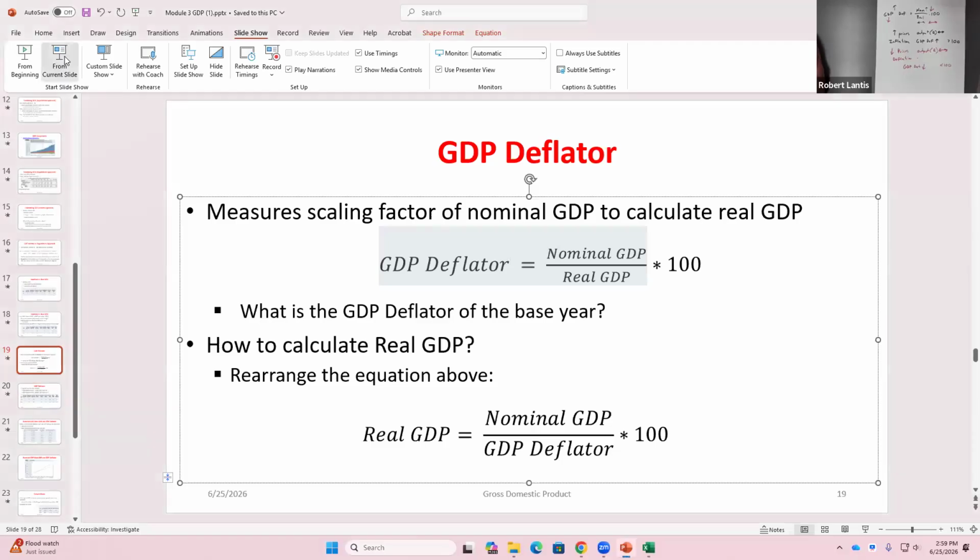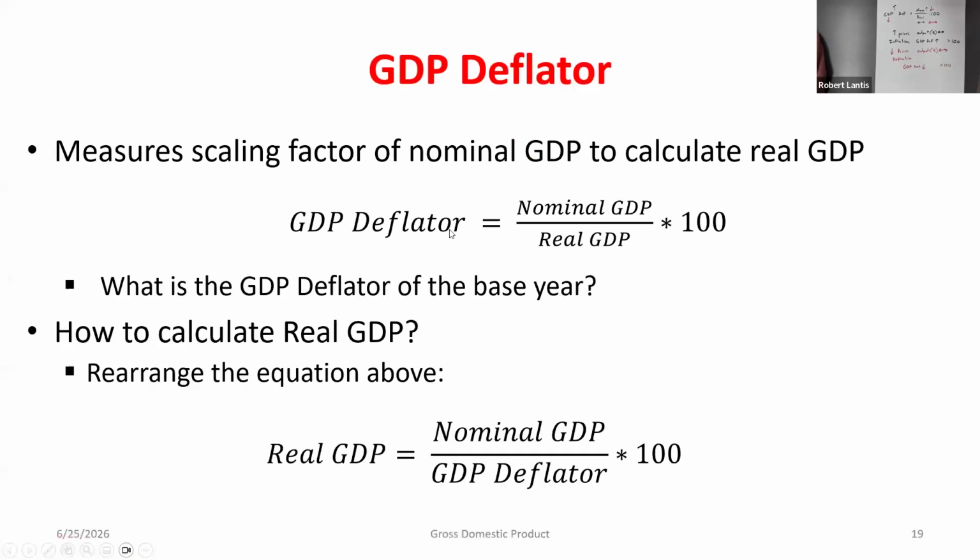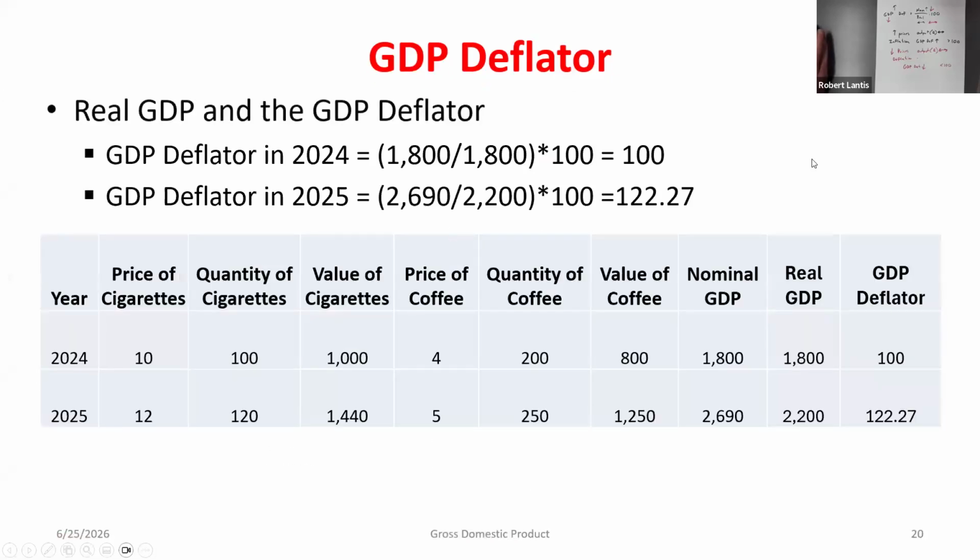So next thing we'll do is look here. How do I calculate these GDP deflators? Well, we have the example we're looking at with 2024 and 2025. I can calculate this GDP deflator by taking the current nominal GDP, dividing it by the real GDP, and multiplying it by 100.